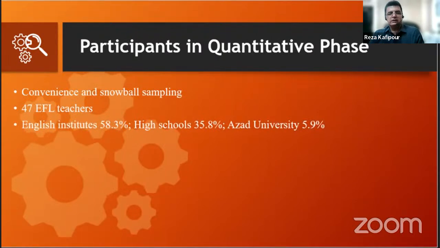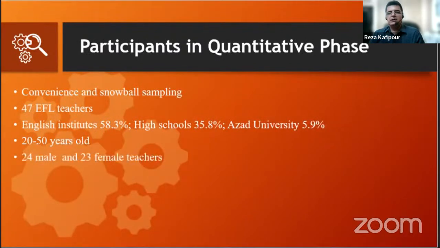If we want to see the percentage of these participants, something around 58% came from English institutes, 35% from high schools, and just something around 5% from a private university in Iran called Azad University. And all of the participants' ages were between 20 and 50 years old.